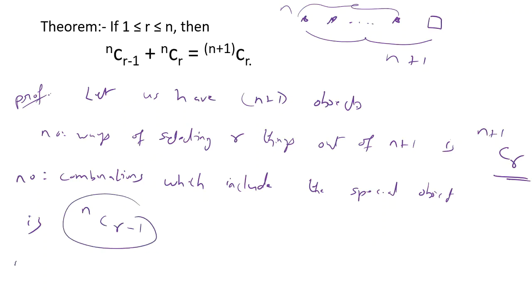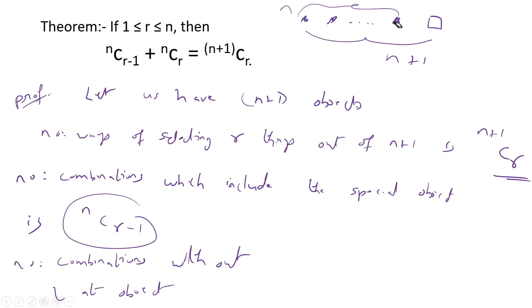Now, the number of combinations without that object. Without that object means I have to select r objects out of these n objects.